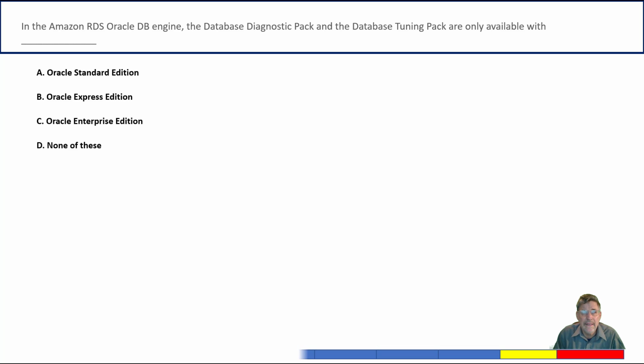And if you want to get the diagnostics and tuning, will Standard have that? Express, Enterprise, or none of these? One of these do have it, so I can tell you D is wrong right off the bat. It is a little annoying that Oracle makes you buy some of these things separately or get it as part of the Enterprise, but that would be part of the Enterprise solution. Okay, let's keep going.